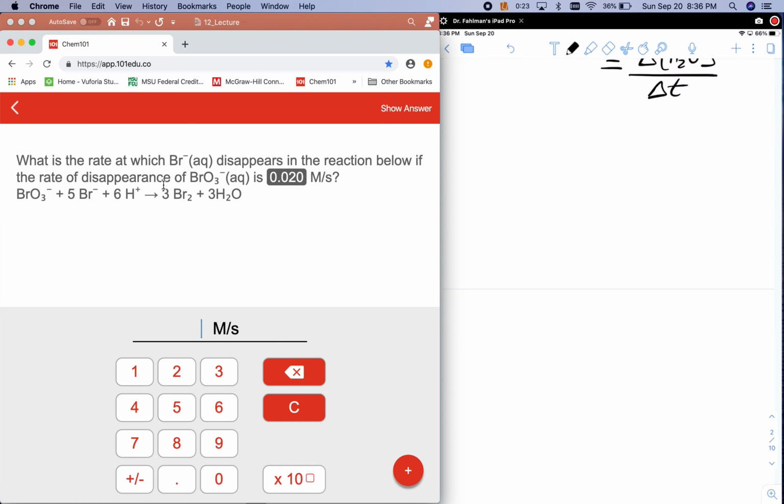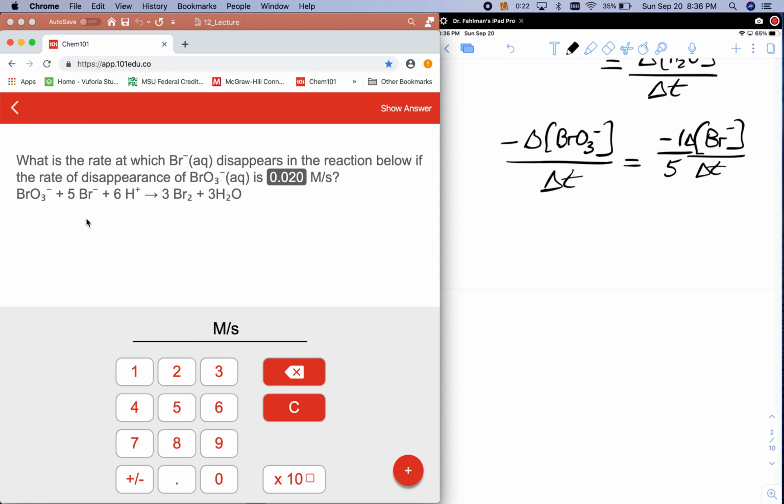Okay, so the rate of disappearance for bromate would just be the minus change in concentration of BrO3 minus with respect to time. Okay, and that is equal to, with bromide, minus 1/5 the change in bromide. Whoops. Change in concentration with respect to time.